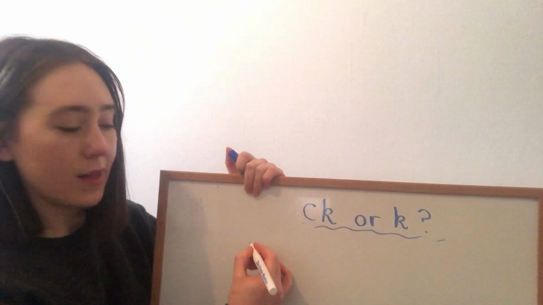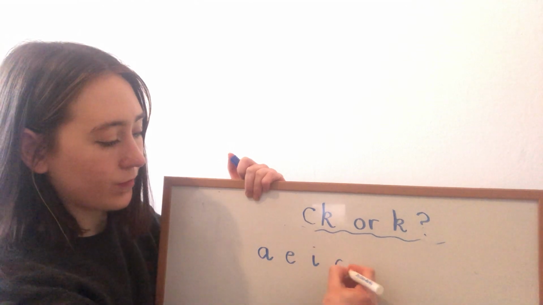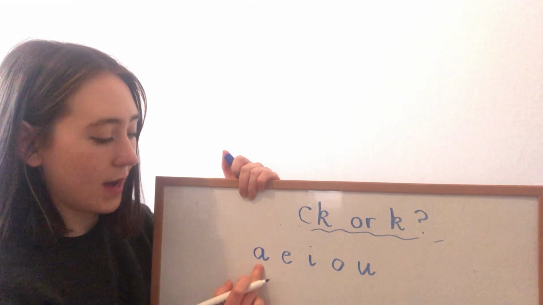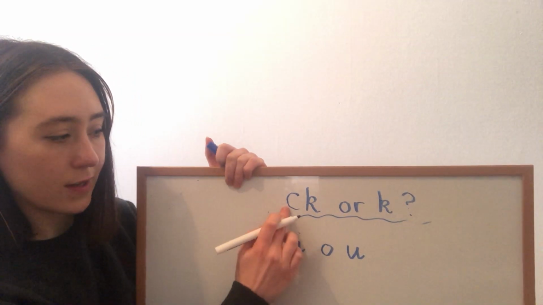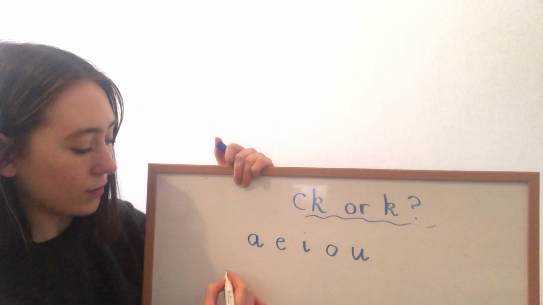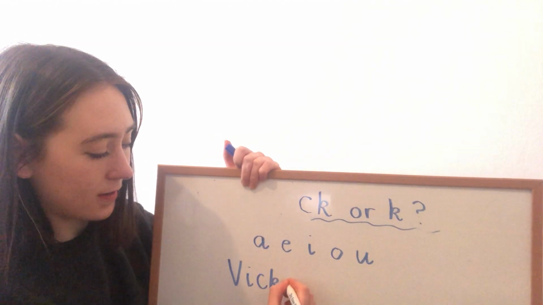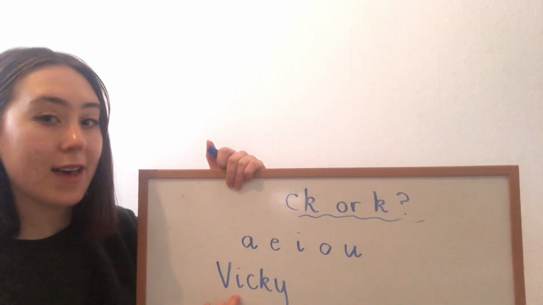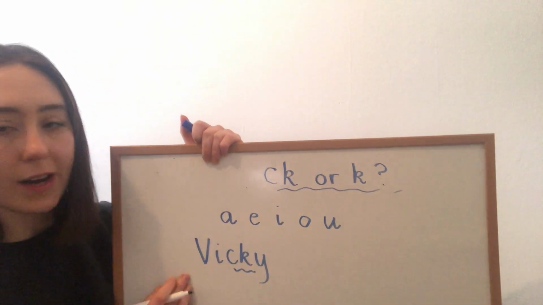So we know that if it's the short vowel sound, which is a, e, i, o, or u, then it's going to use the digraph. So in the word Vicky, it uses short i, not long i. So we know that it's the digraph ck.